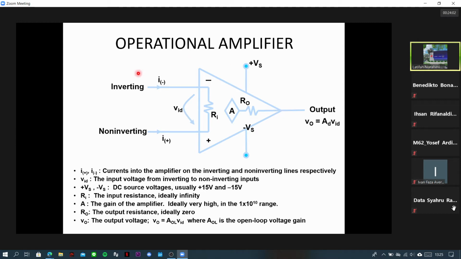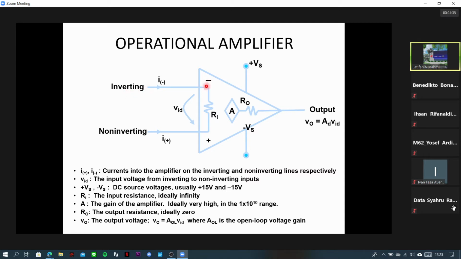This is a bit more complete version of the op-amp symbol; we'll learn the simplest symbol after this.